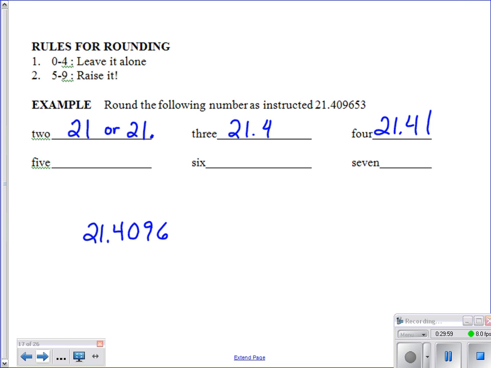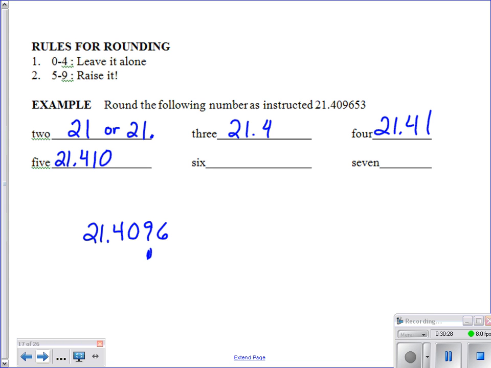And so now to round this to 5 significant figures, I see it'll be 21.4, and we've got an 096. Well, I can't just make this be a 10. It's going to round up the next thing. So it becomes a 4.10. There's my 5 significant figures.